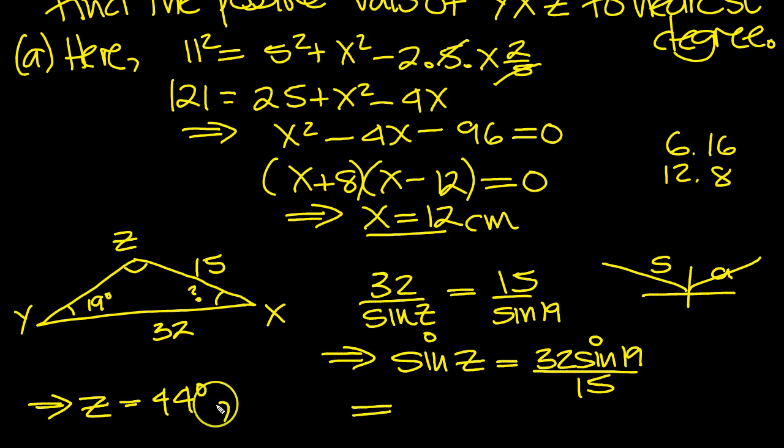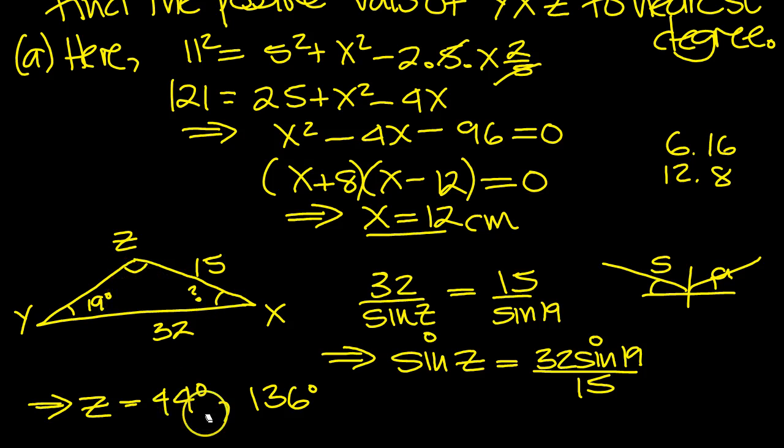But the other solution we're going to get is, because that's 44 here, this will be 44. 180 minus 44 is 136 degrees. So those are the two possible solutions for the Z value then.